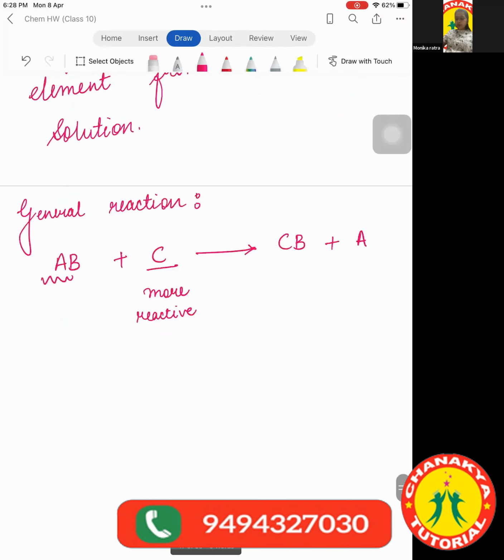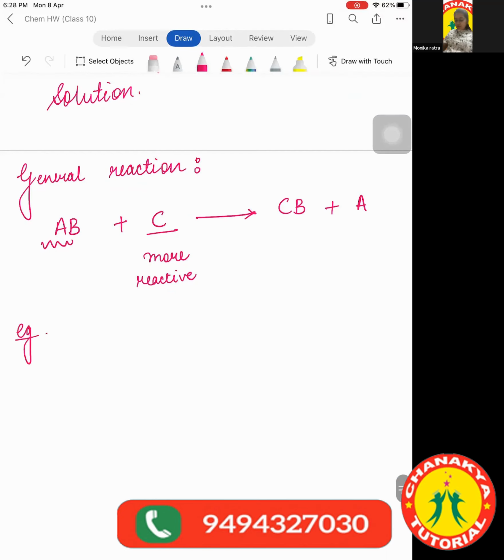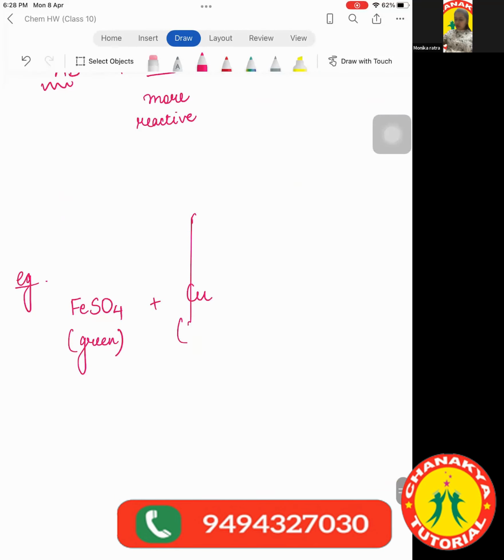For example, if we take the example of FeSO4 and copper. FeSO4 is green in color and copper is reddish brown in color. Oh, sorry, I have to change it.